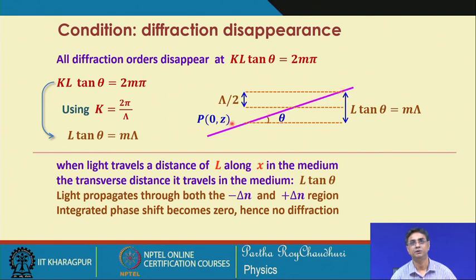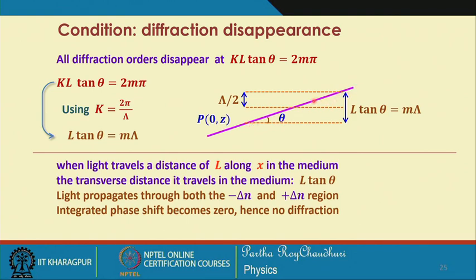Therefore, if you average it over this whole length, because it moves straight, you have an equal weight of delta n on either side. So, this minus delta n to plus delta n integrated over, the entire change in the phase is equal to 0. So, that is why the total cumulative effect of phase change is equal to 0.